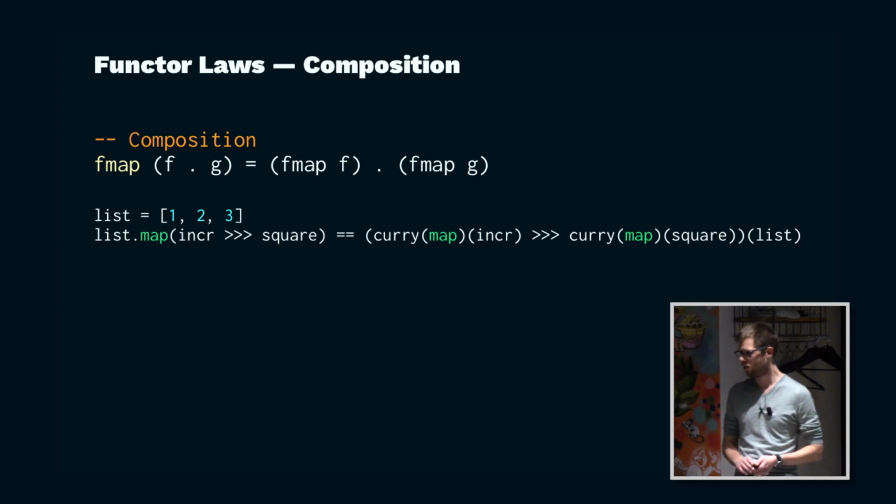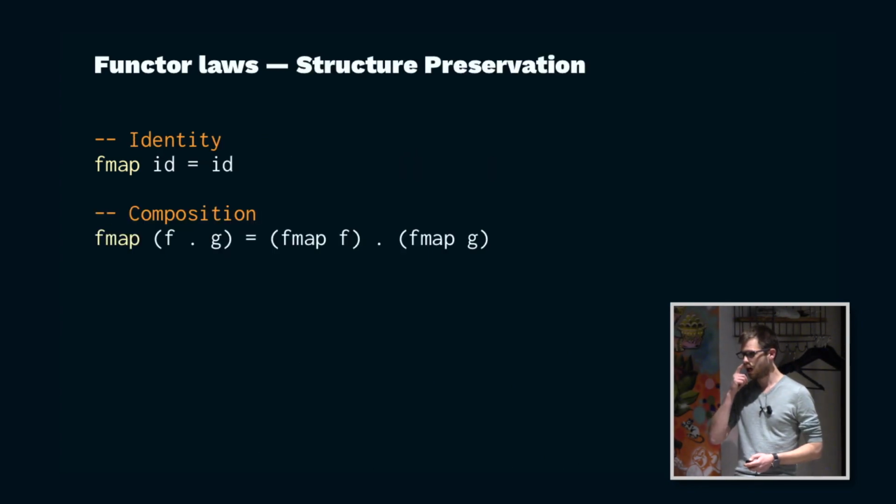And this is basically saying that mapping a compose function should be the same as composing the mapping of the two functions. Again, you should probably just try these out for yourself, try to test some of these.